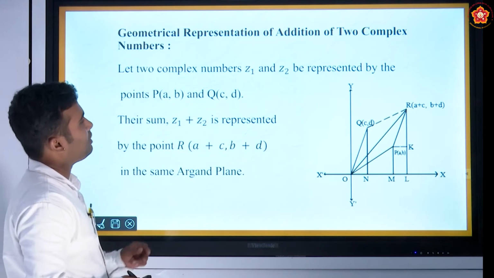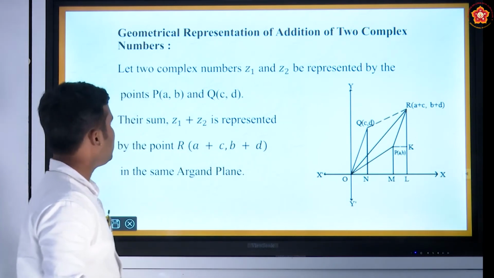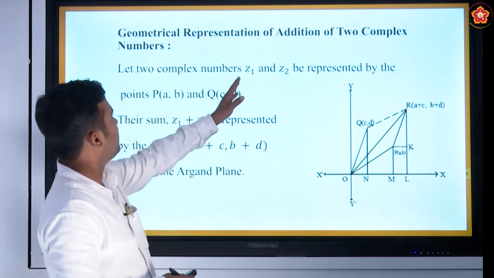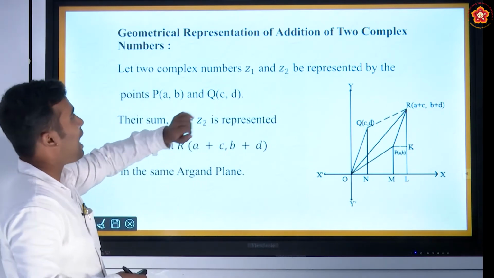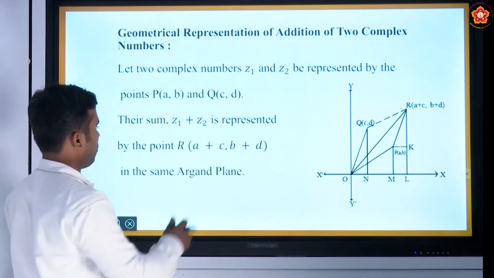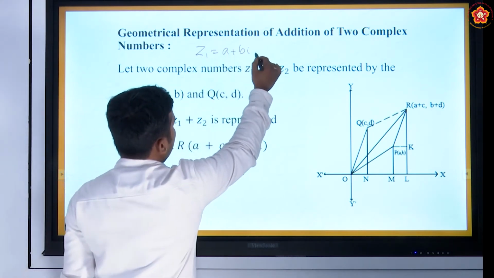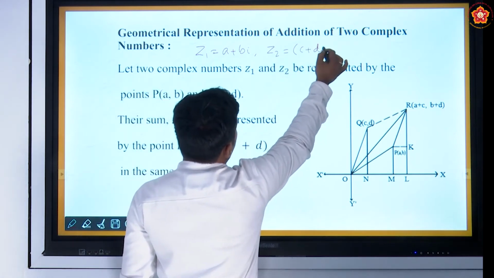This is a graphical representation of the addition of two complex numbers. Here I have taken z1 and z2 to represent the two complex numbers, and z1 will be a plus bi and z2 will be c plus di.